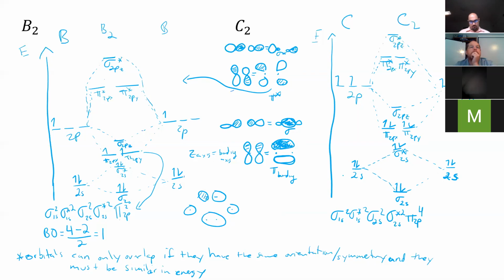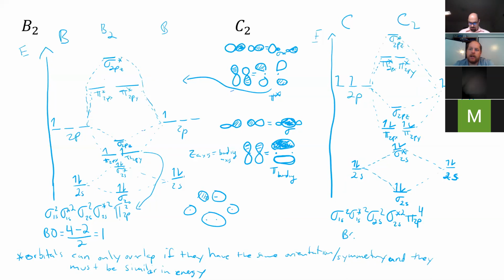But with the carbon molecule, right, the C2 molecule, you have your sigma 1s and sigma star 1s filled, your sigma 2s and sigma star 2s are filled. Now your pi 2p orbitals are also filled.